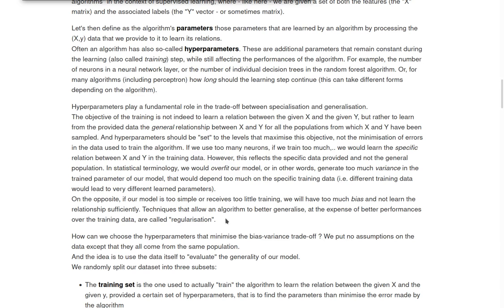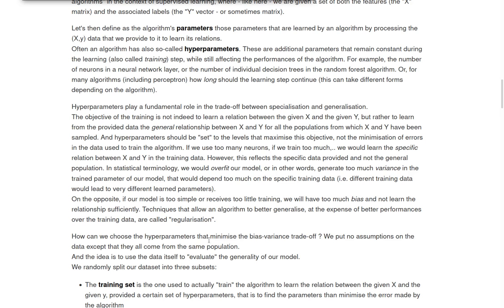So then how can we choose these hyperparameters that play the role in this bias-variance trade-off? As we put no assumptions on the data except that they all come from the same population, how can we choose these hyperparameters in general?